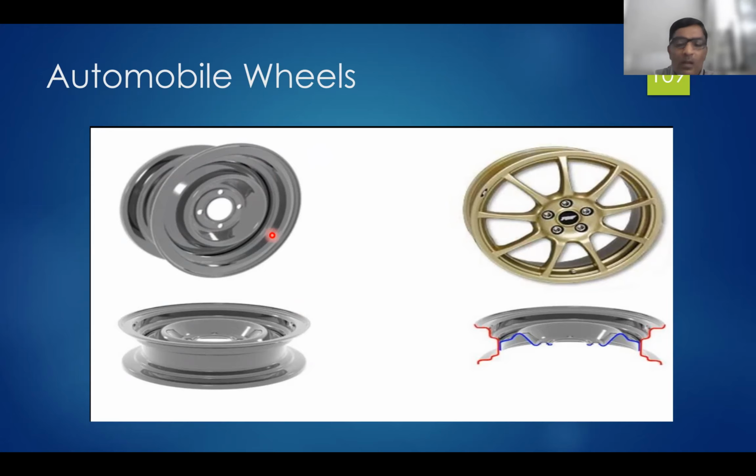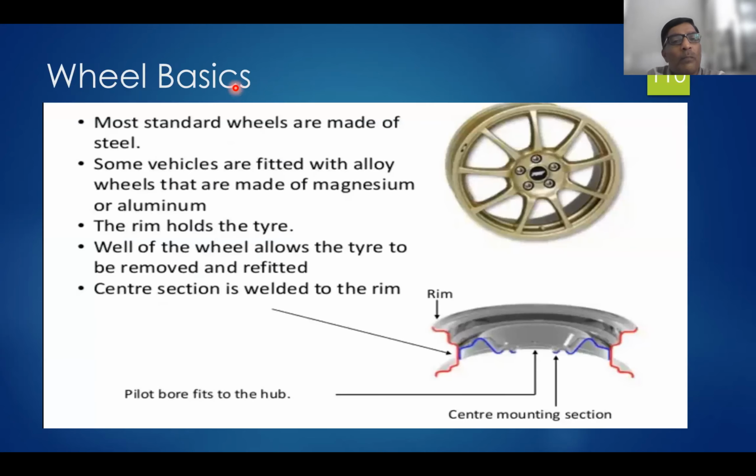But the nomenclature is somewhat different. So without having any confusion in mind, rim or the disc along with the tire, that is called a wheel. So these are the rim, or we can call it a disc. Okay, so this is about wheel basics. You can see, most standard wheels are made of steel.